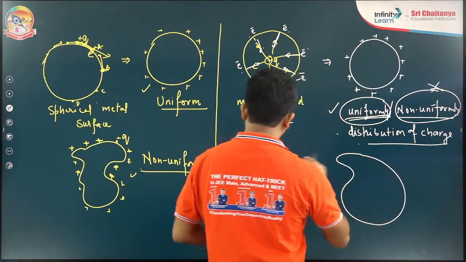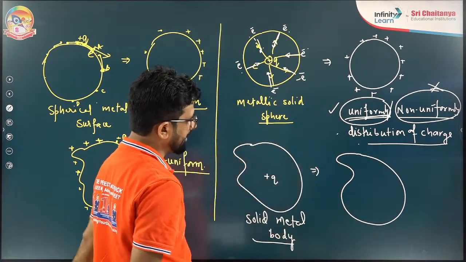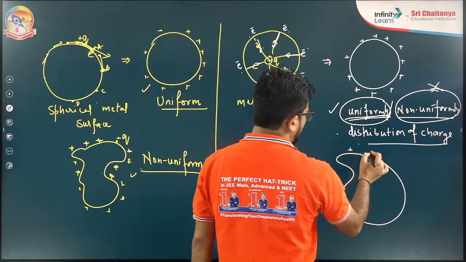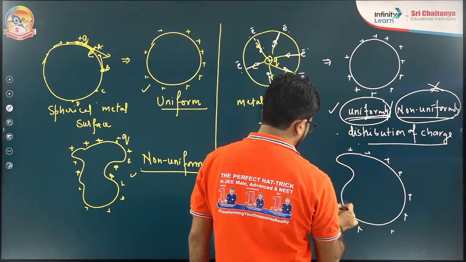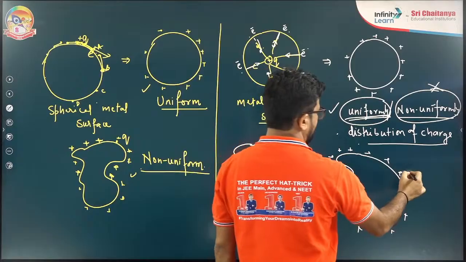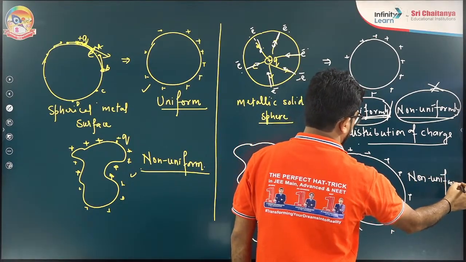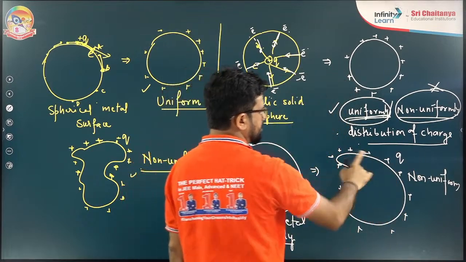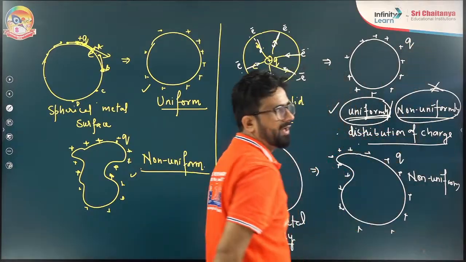You have to assume it is the same. Definitely it is non-uniform. But remember, if this charge is Q, then this is also Q. The value would be the same.